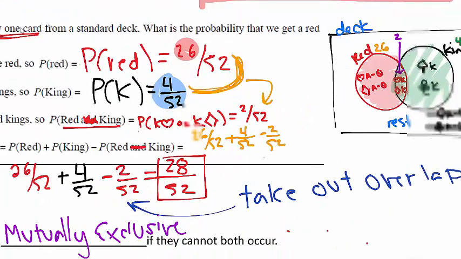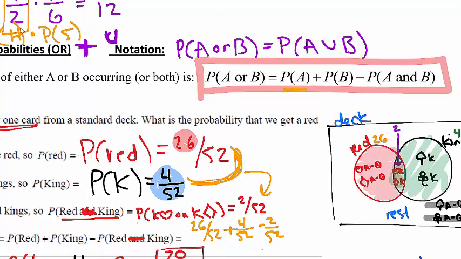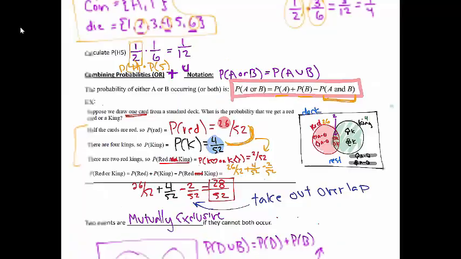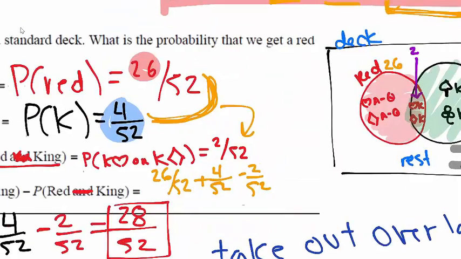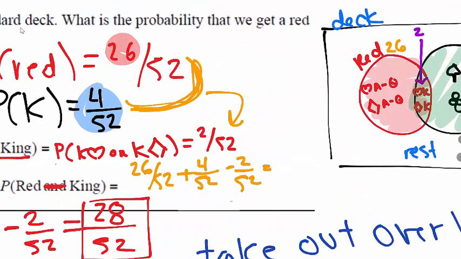What this formula does is count all of A, all of B, and then subtract one of those overlaps so you don't double count. It subtracted out the overlap, and so you would get 28 out of 52, not 30 out of 52, because there would be 28 cards that fit that.